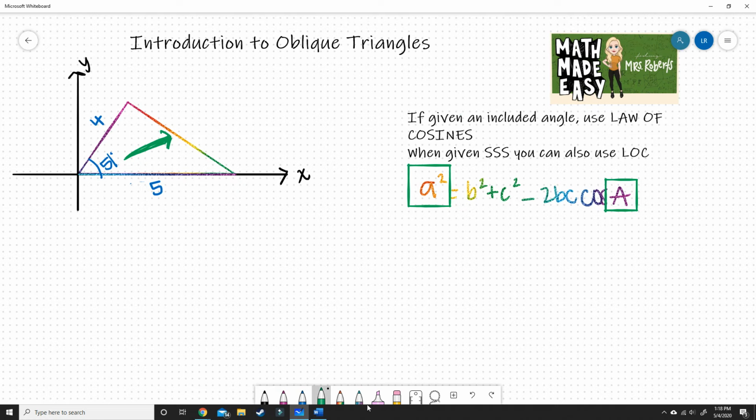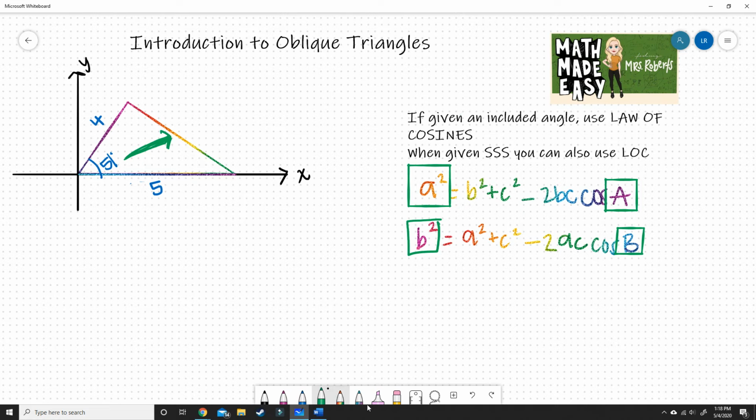If we wanted to find b squared, then b squared equals a squared plus c squared minus 2AC cosine of that included angle, which is the one sandwiched between A and C. Again, you'll notice b squared and then b.